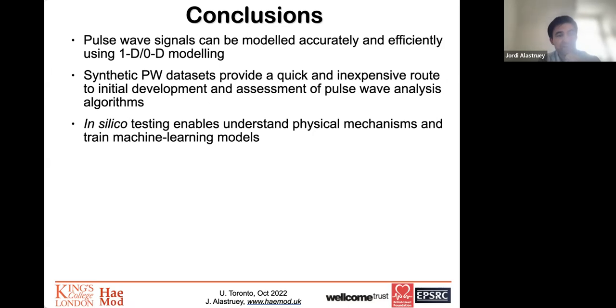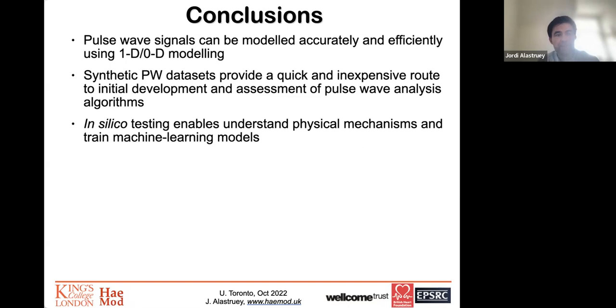And lastly, testing using synthetic data simulated in silico enables us to understand physical mechanisms underlying correlations that are observed from populations of real subjects. Also we can train machine learning models across a wide range of physiological conditions.